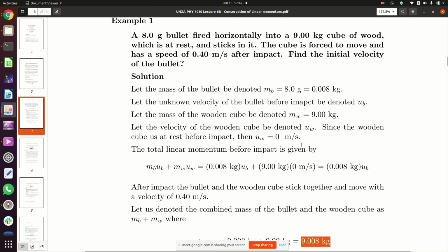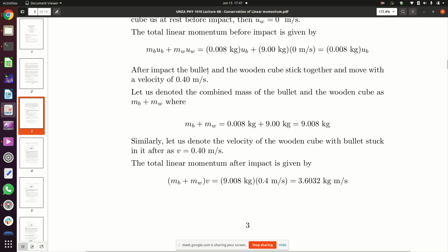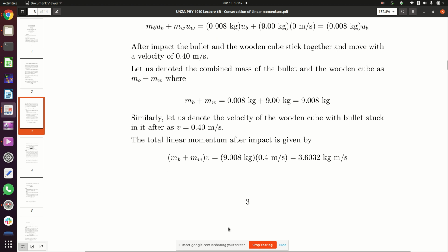Then we are told that the wood moves off after impact with a speed of 0.4 meters per second. So after impact, this combined mass of MB plus MW has a velocity V of 0.4 meters per second. So you can work out the total linear momentum after impact.